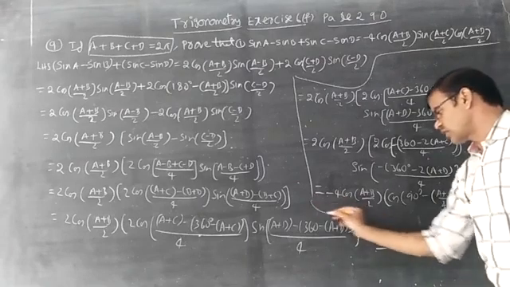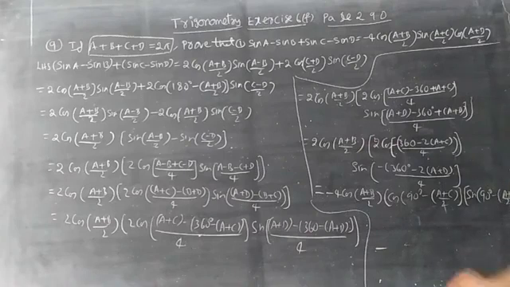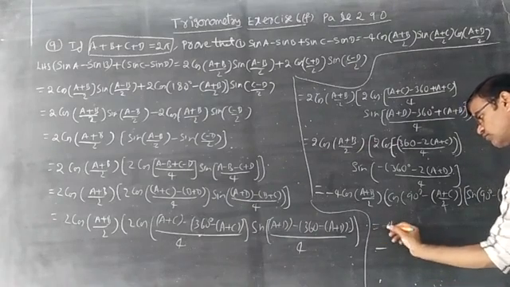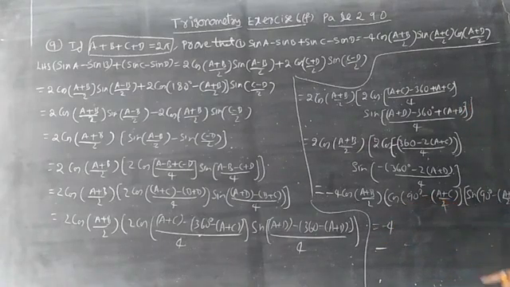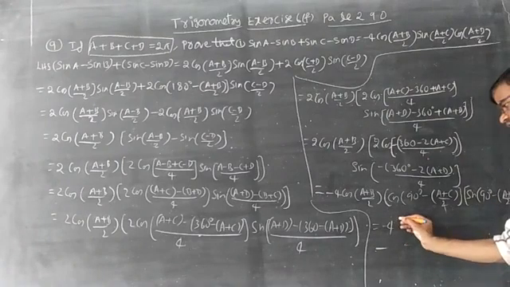So that is equal to, now you multiply and write in the order: minus 4 cos of, here cos of 90 minus theta becomes sin theta and sin of 90 minus theta becomes cos theta.